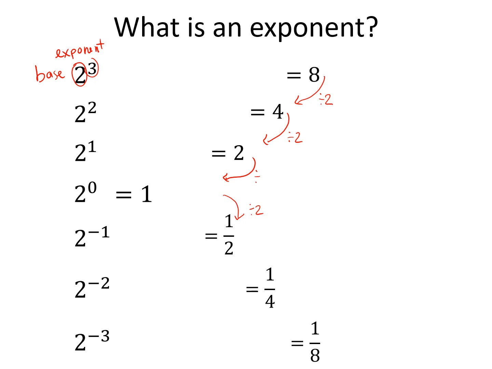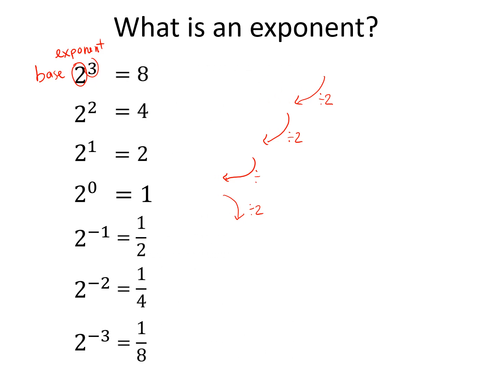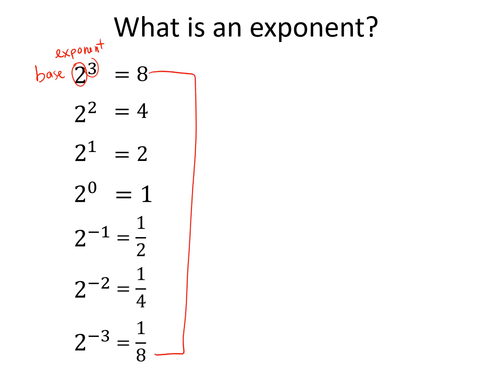And so what we can see also, if I erase all this other stuff here, is this pattern of positive exponents and negative exponents. What we can see pretty clearly now is 2 to the third and 2 to the negative third, 2 to the second, 2 to the negative second, 2 to the first, and 2 to the negative first. There's a relationship there.